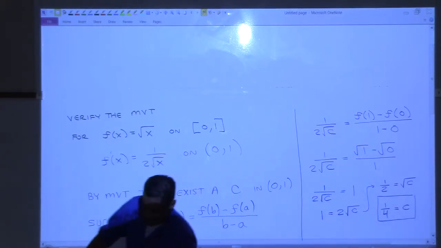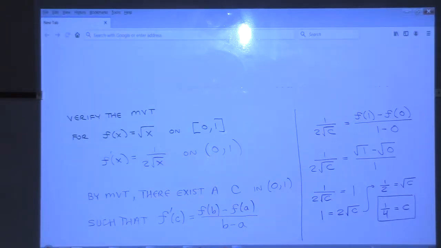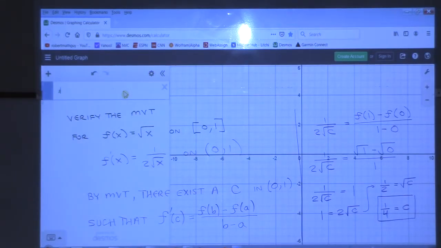Okay, so visually, what this means is if I graph this function, square root of x, on 0 less than or equal to x less than or equal to 1, right?